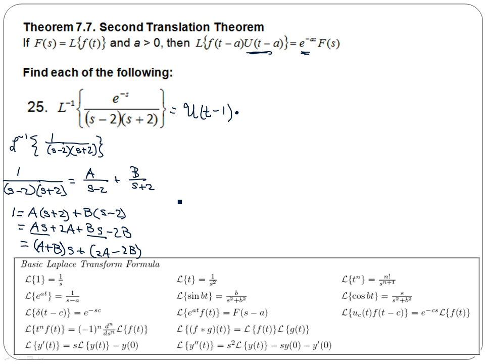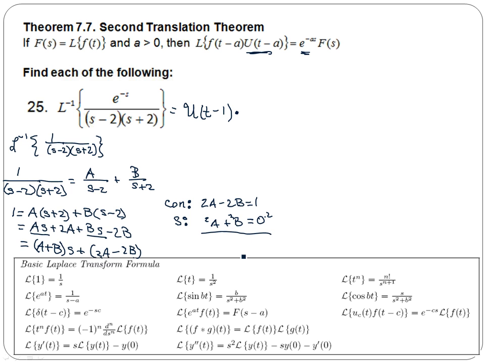Okay. Now to solve for A and B, I want to equate the coefficients. For my constants, I get 2A minus 2B is equal to 1. And for my s terms, I get 0 because I don't have an s term on the left side, so 0 is equal to A plus B. I can solve this system by multiplying the second equation through by 2 and then adding.